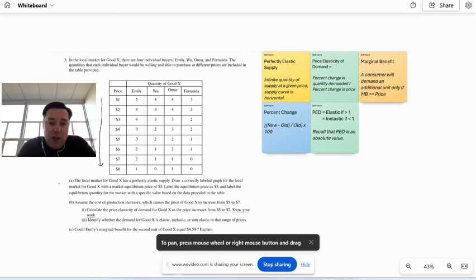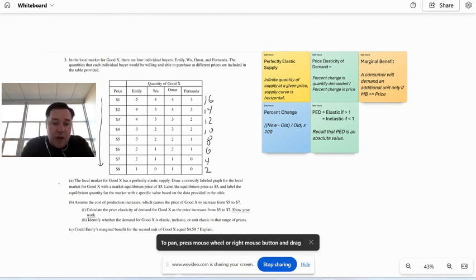How much quantity is demanded at different prices. And you notice if we tally these all up, they're going to all sort of decline by 2. It's sort of helpful. 6, 4, and 2. All right, we don't actually need to calculate all those, but it is helpful to know.